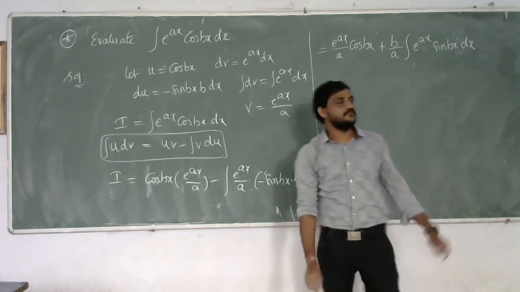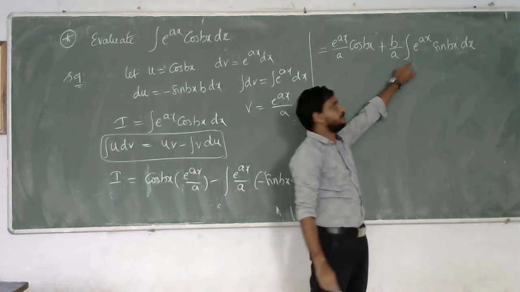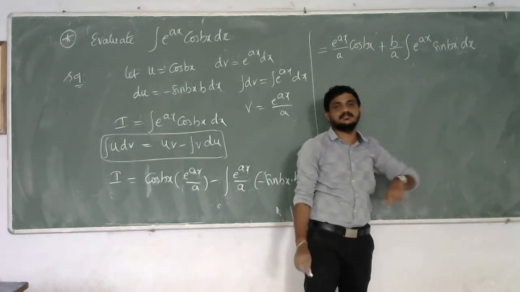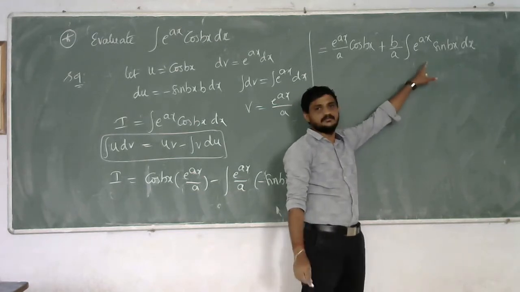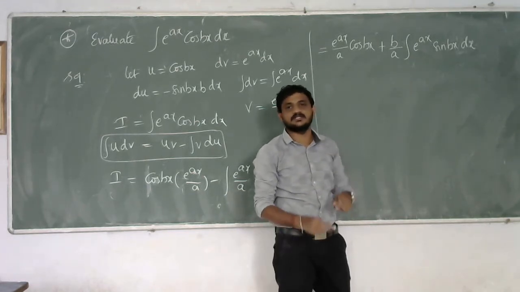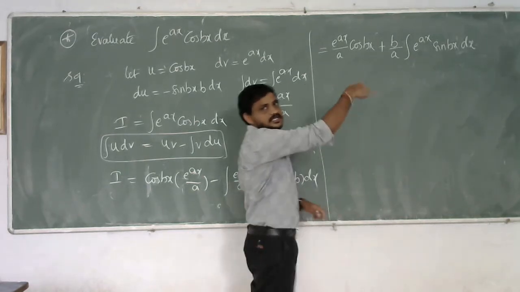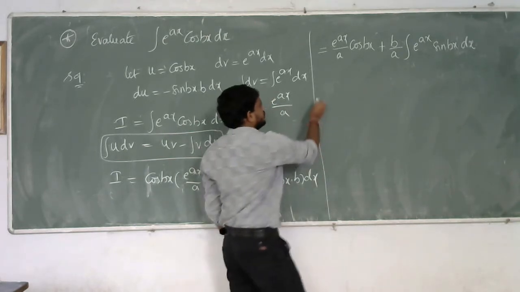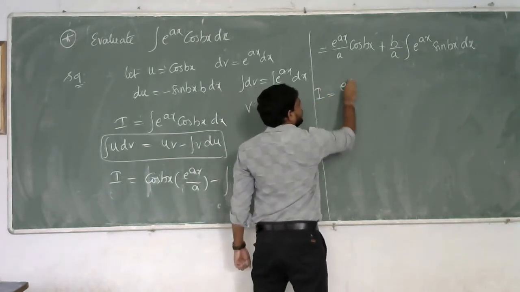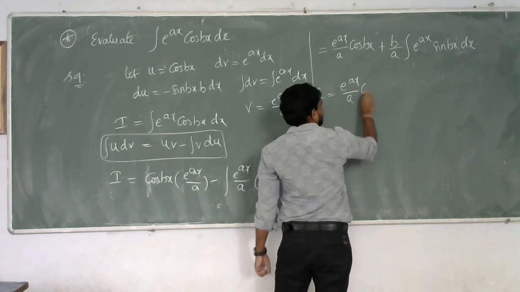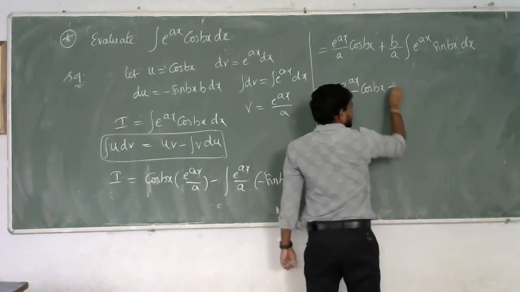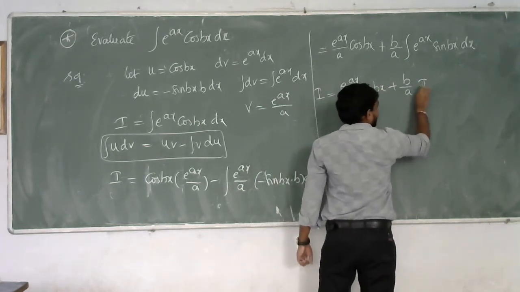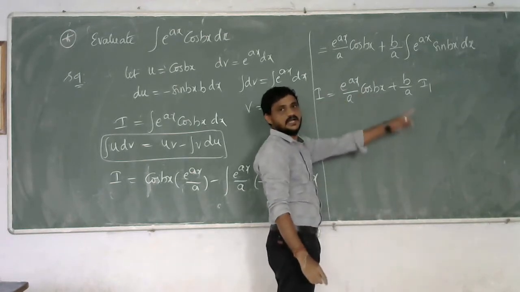Right? Again we got the same kind of term, integral e power of ax into sin bx dx. So to evaluate this term, again we have to use integration by parts. Okay, so let us consider that value as I1.